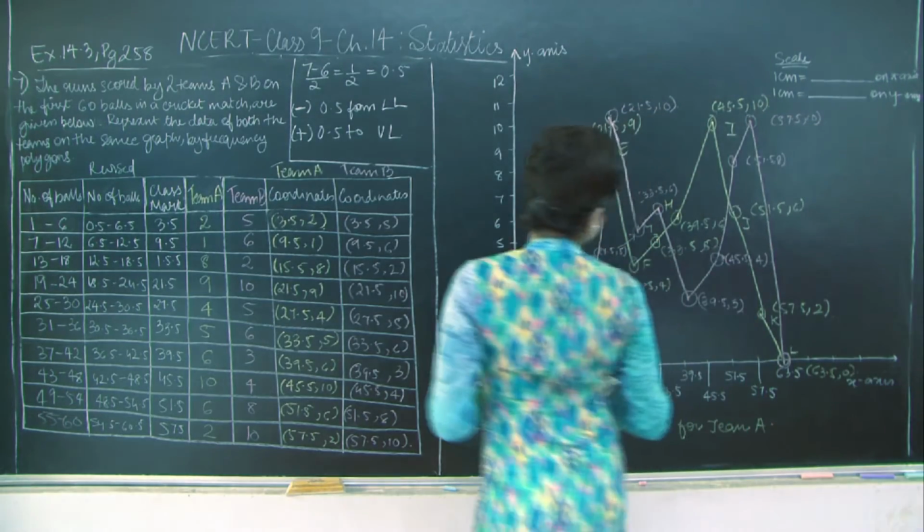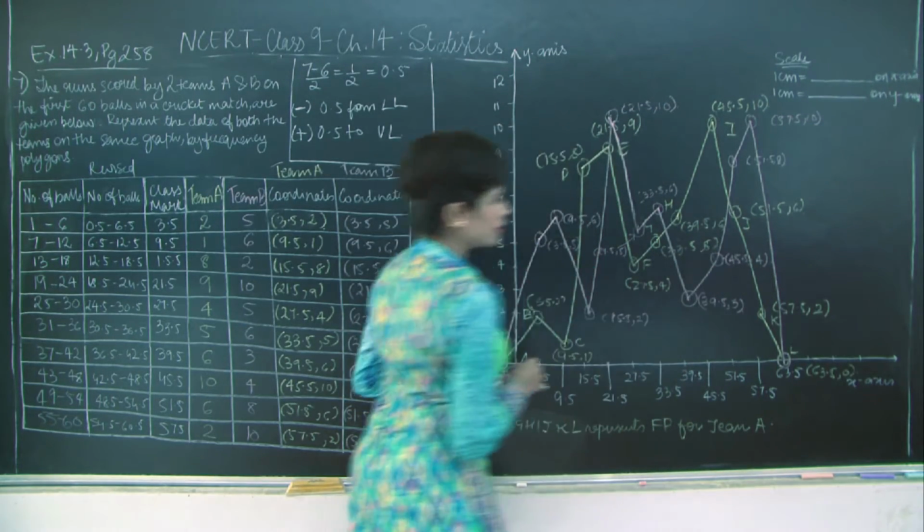So here is the frequency polygon in red for team B.